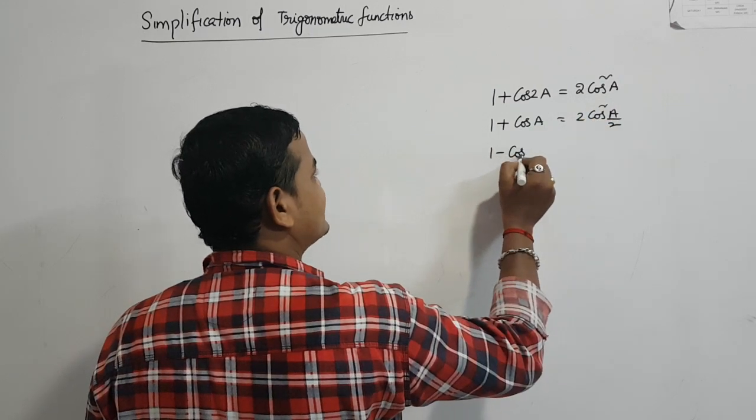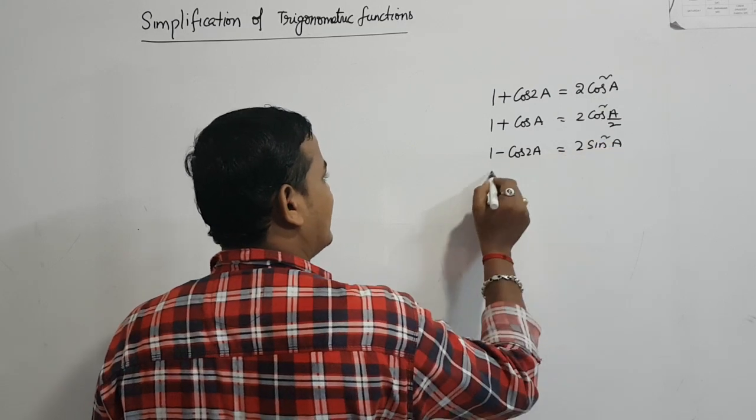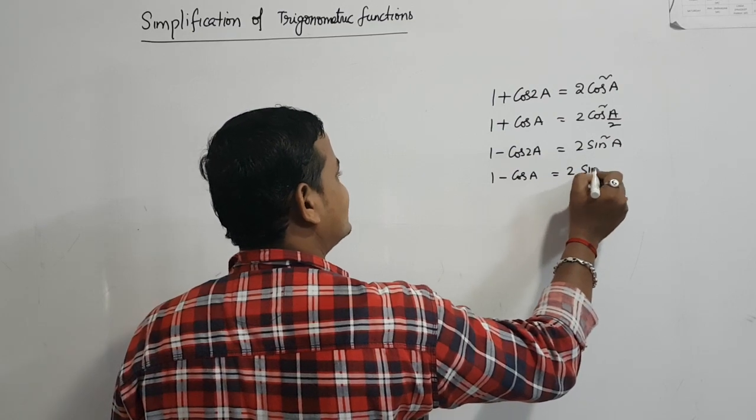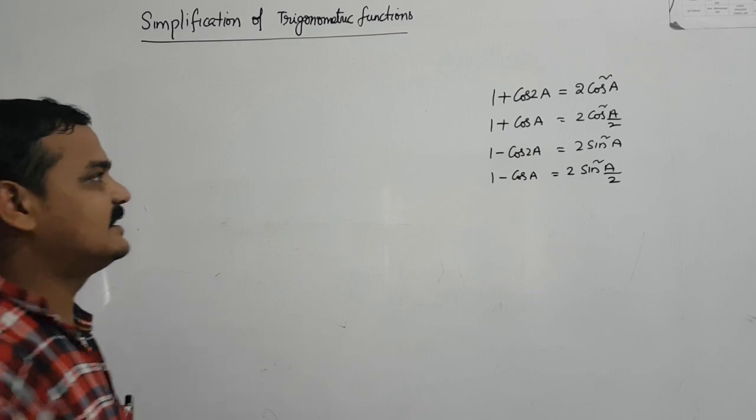Again, 1 minus cos 2A is equal to 2 sin square A. Taking the half angle, 1 minus cos A is equal to 2 sin square A by 2. These four formulas are used very often.